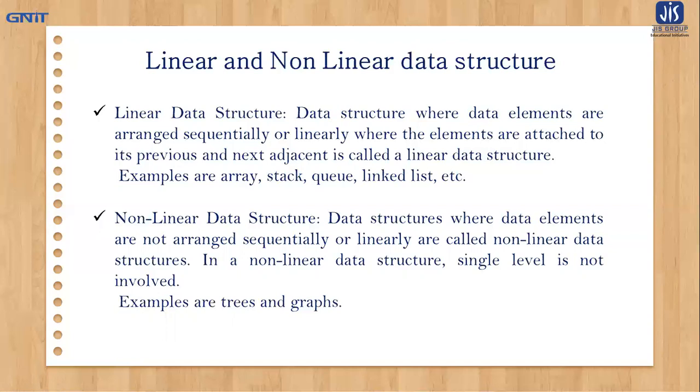Among them, GNIT is one of them, and under GNIT there are 7 different departments. So what we are following is a hierarchy. This hierarchical data is known as non-linear data structure.